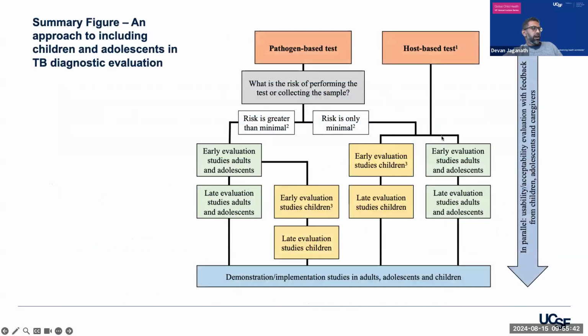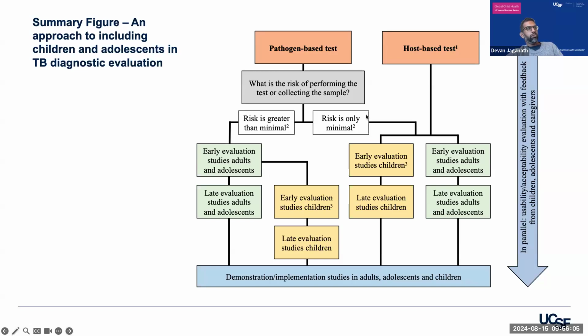So how did we pull this all together? We created this figure to help guide people as they think through this process. If it's a pathogen-based test, what's the risk of performing this or collecting the sample? If it's greater than minimal, start in adults and adolescents, then move to children.